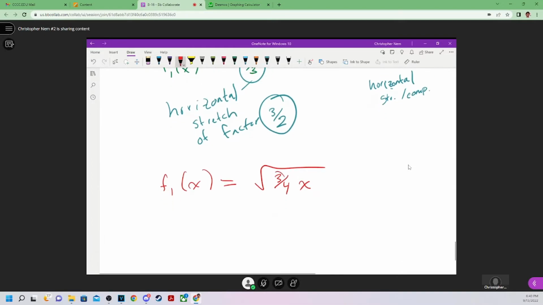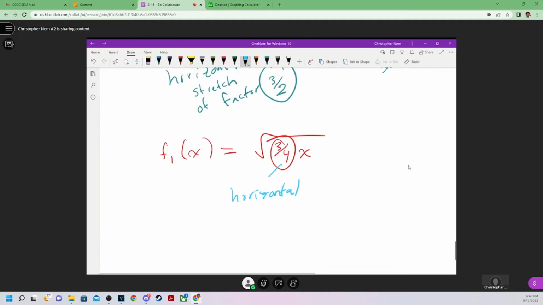Well, this is inside the square root. So immediately this has to be a horizontal. Now we got to decide if it's a stretch or compression. It's less than 1. So instead of being a compression, because it's inside of our function, it's a horizontal stretch of 4/3. We got to reciprocate it.